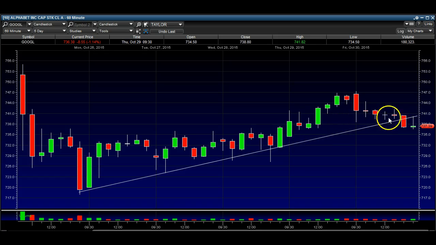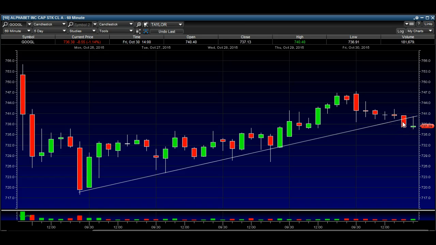Another thing that I want to point out here is we have a break, a close below. This is a breaking of the trend line over here, okay? So that would have been a good short opportunity right here. And notice what did we do on this next candle?